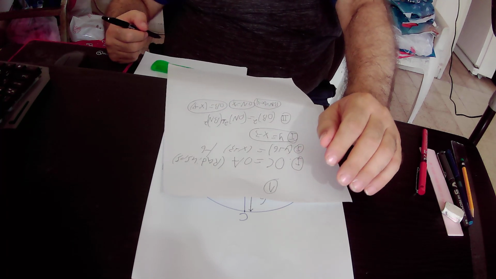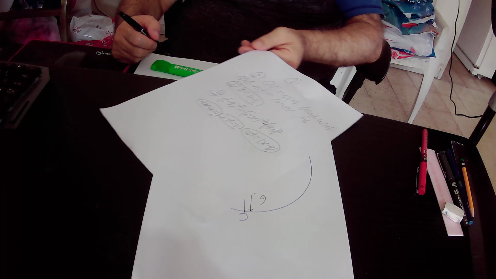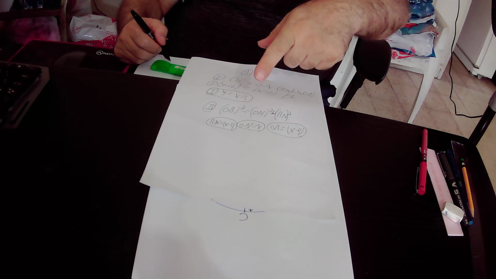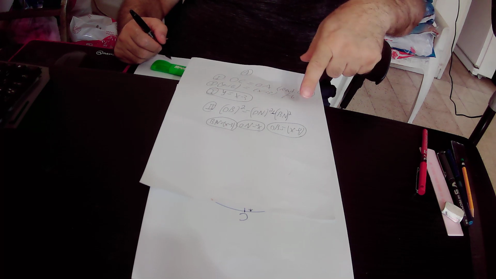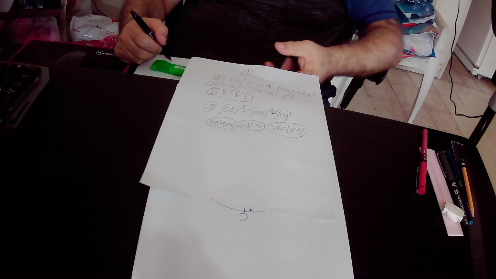Okay. So we'll substitute OB by x plus 3, we'll substitute ON by x, and we'll substitute BN by x minus 3.